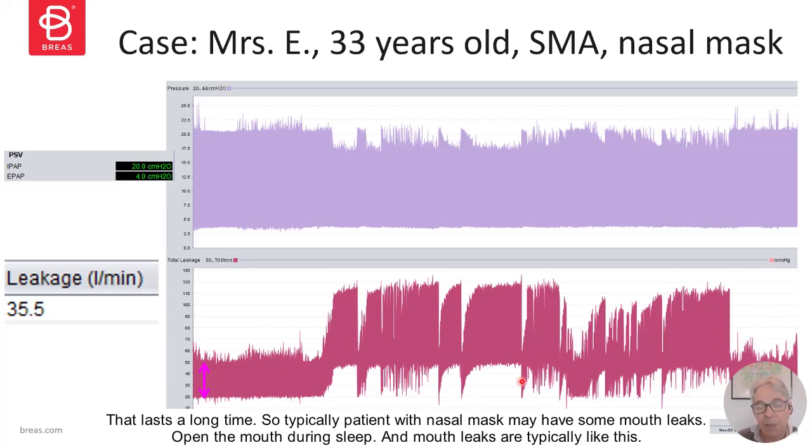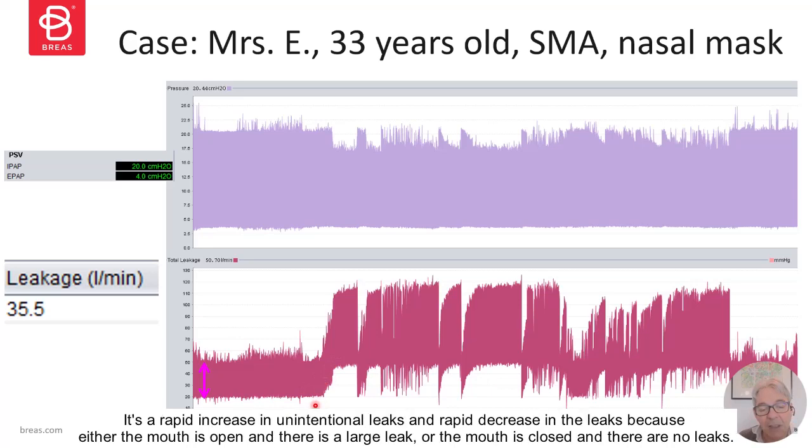So typically patients with nasal mask may have some mouth leaks, open the mouth during sleep, and mouth leaks are typically like this. It's a rapid increase in unintentional leaks and rapid decrease in the leaks, because either the mouth is open and there is a large leak, or the mouth is closed and there is no leaks.